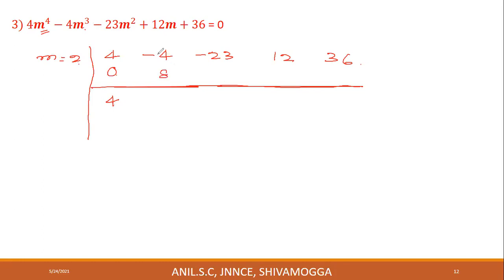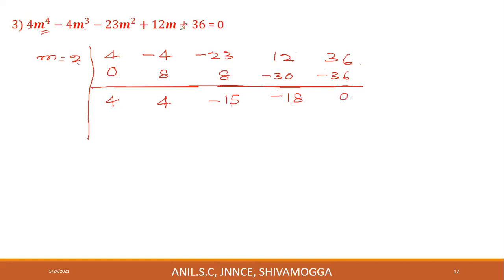Now add these two. Minus 4 plus 8 is 4. Multiply these two. 4 into 2 is 8. Minus 23 plus 8 is minus 15. Multiply these two. Minus 15 into 2 is minus 30. 12 minus 30 is minus 18. Now multiply these two. Minus 18 into 2 is minus 36. We must get 0 here.